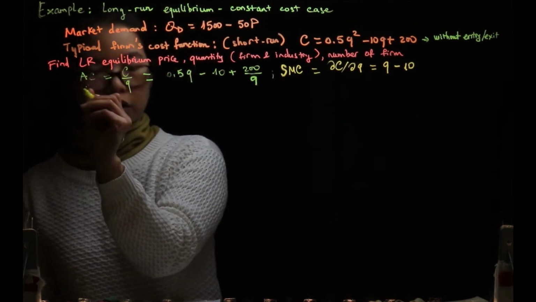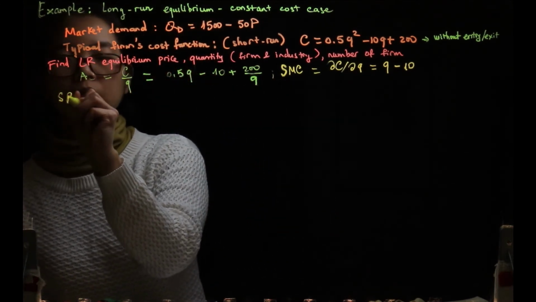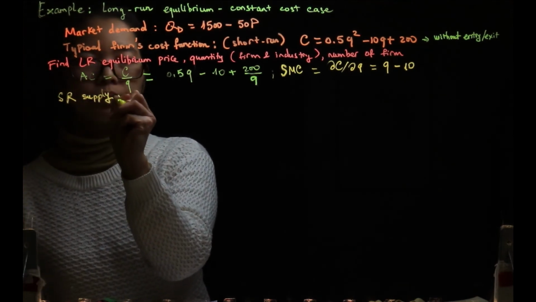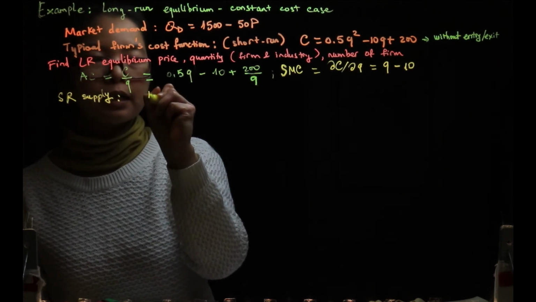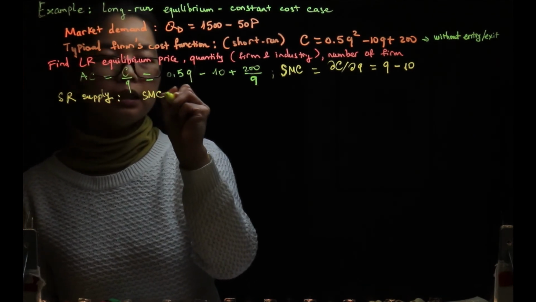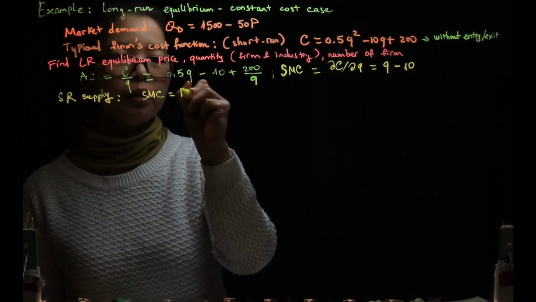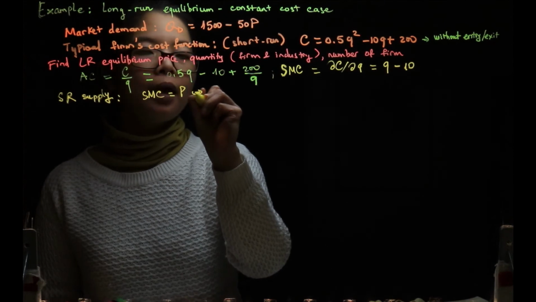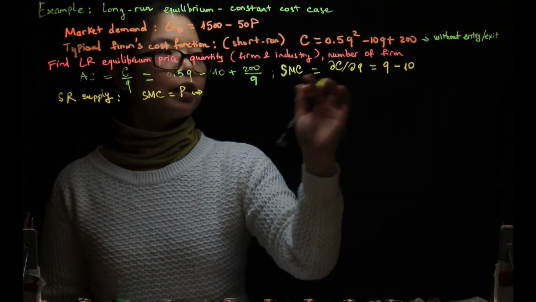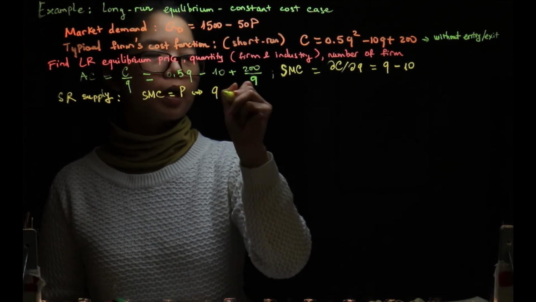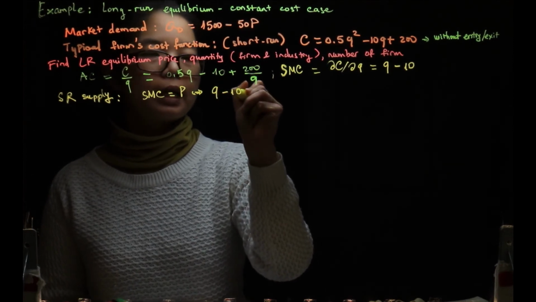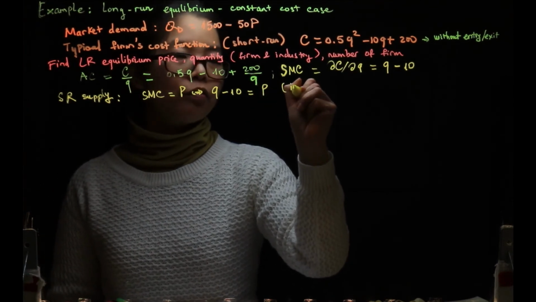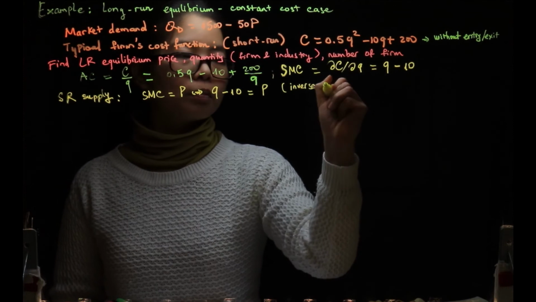We will also have the short run supply, where we set SMC equal to P, right? That's the condition for short-run supply. And we have MC here, so we could just plug it in: Q minus 10 equals P. And this is the inverse supply, right?